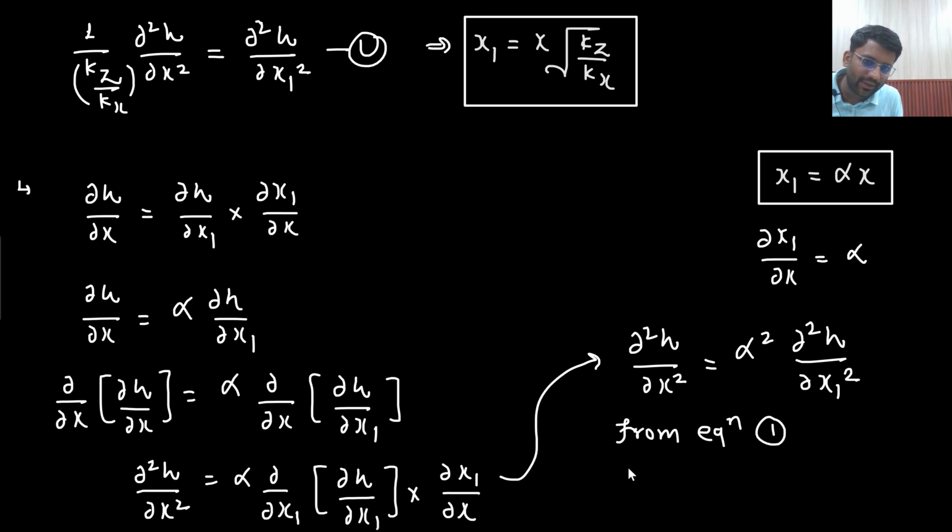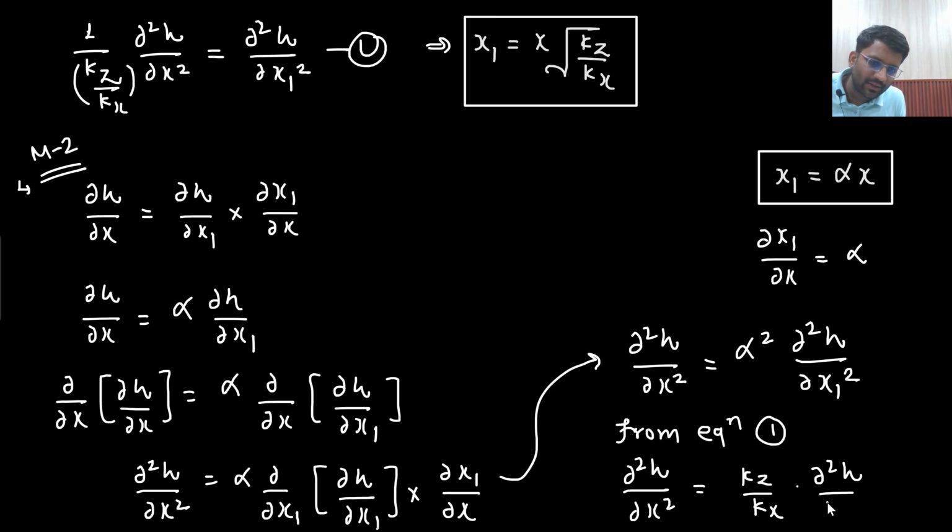This was actually method 2. From equation 1, if I compare, del square h by del x square equals kz by kx into del square h by del x1 square. So if I compare, then alpha square is coming out to be kz by kx, and from here the value of alpha is coming out to be under root kz by kx.